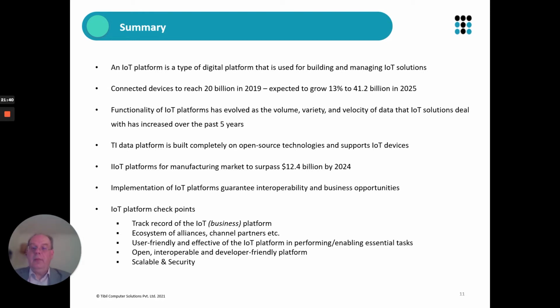And with that, I have summed up a couple of points which everybody should look out for when going down this path, when integrating an IoT platform in their software development, in their IT plan. One is obviously the track record in the IoT business.